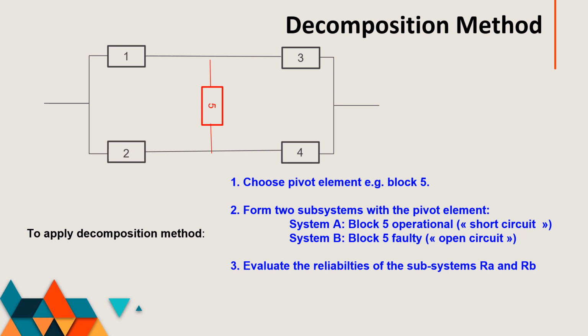That is the reliability of system A, which I'm going to call RA, and the reliability of system B, which I'm going to call RB. And then finally, after evaluating the reliability of the two, we will look at the overall reliability of the system. So we'll see this in detail in the next slide.